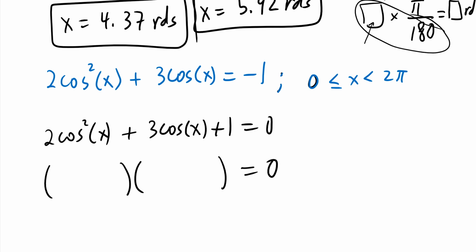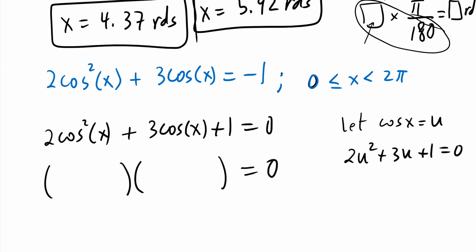If you think, oh, that looks difficult, what am I going to do? You can write on the side cosine x equals u and substitute into this equation. You get 2u squared plus 3u plus 1 equals 0. What can we do next? We can factor that equation as 2u plus 1 and u plus 1. You can test it out, it should work.